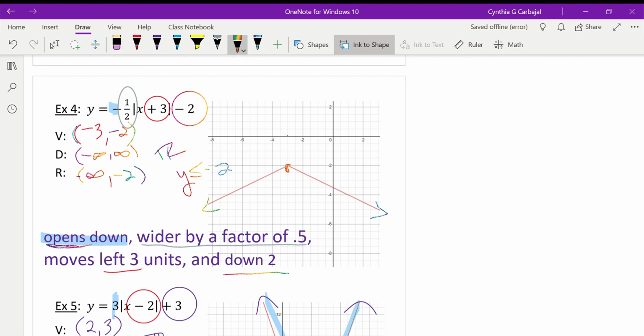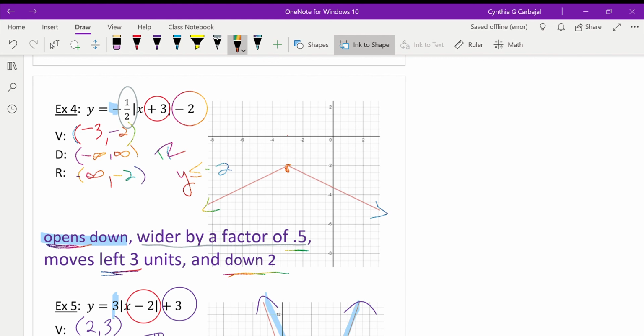Then the fraction is going to be wider, a factor of 0.5, and you can see that it does look wider than the regular one. The +3 inside moves it left, the -2 moves it down. So our vertex is -3 because we have a +3 inside, comma, -2 because we have a -2 outside.